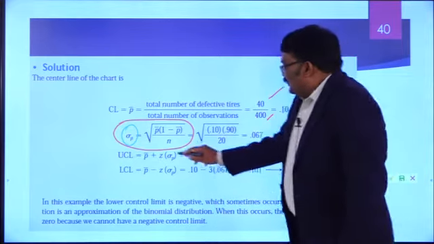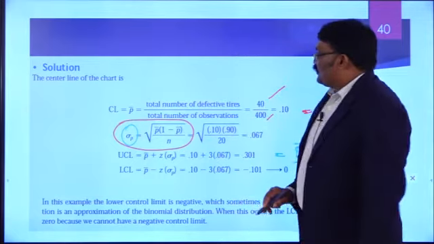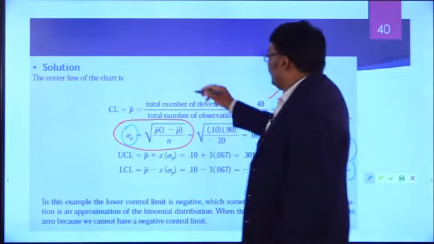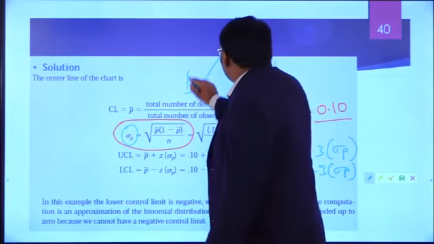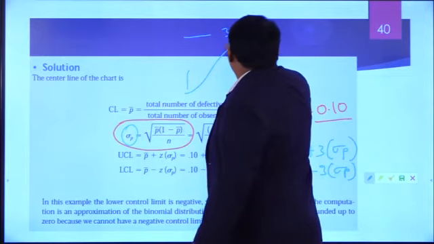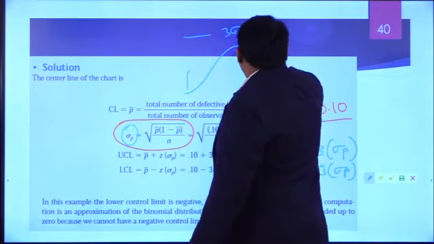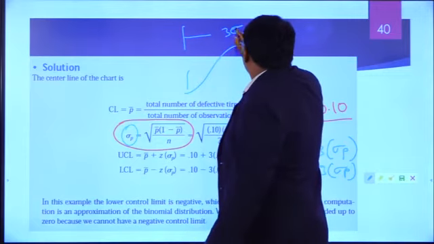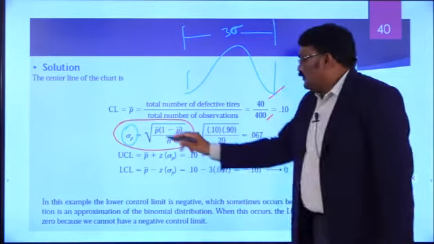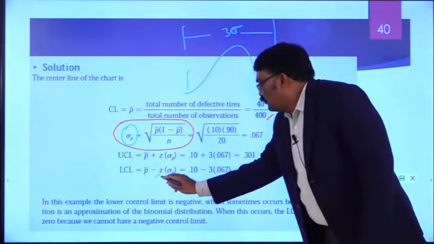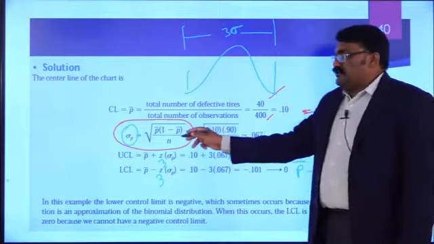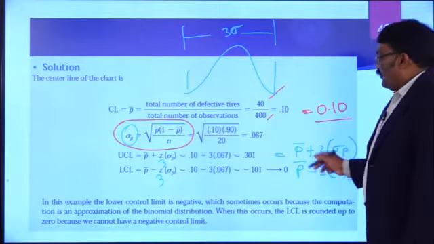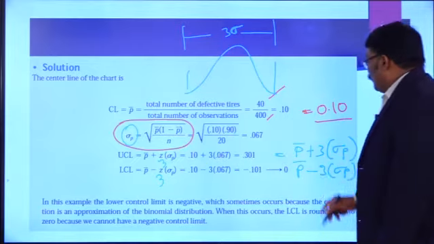Now, why z is equal to 3, I have mentioned previously. In the diagram, from this limit to this limit, we have 3 sigma, right. So, 3 sigma is the value we take in statistics, and that is why we represent z equal to 3. Once we have that value, we substitute it.